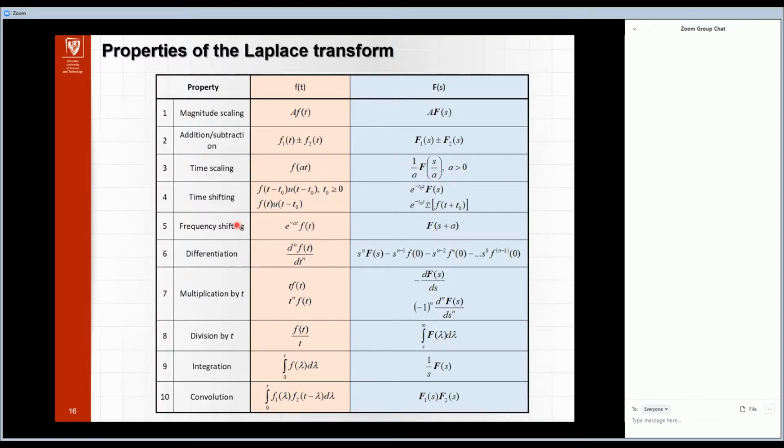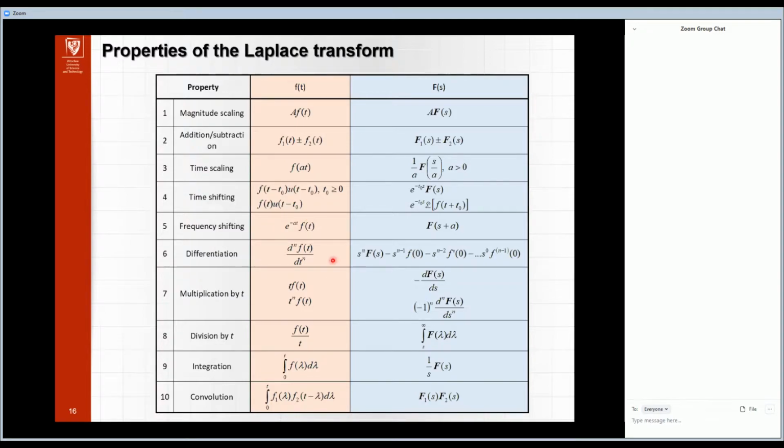And time shifting in the time domain means that in the s domain we just have to multiply by this factor. So it is similar to frequency shifting, but here we have a similar factor in the time domain.